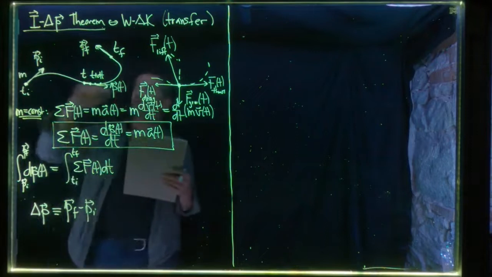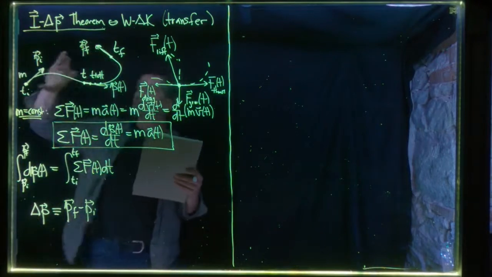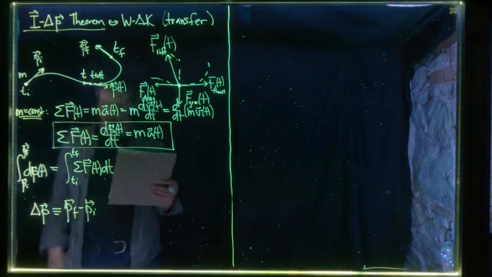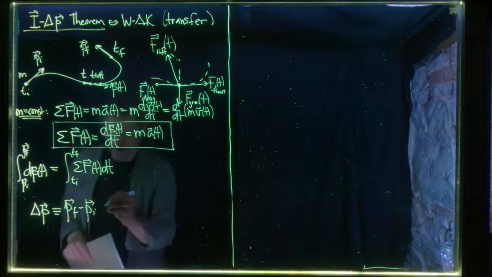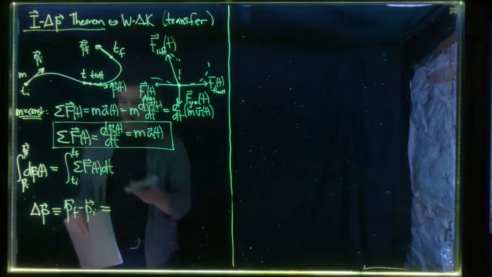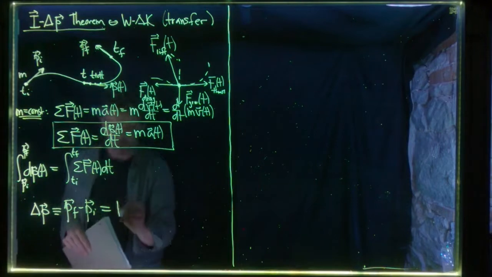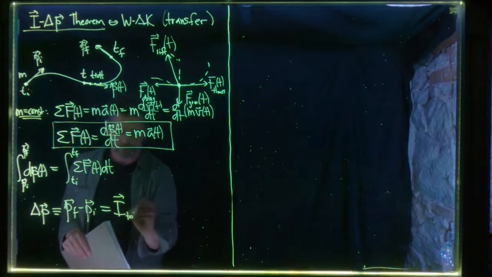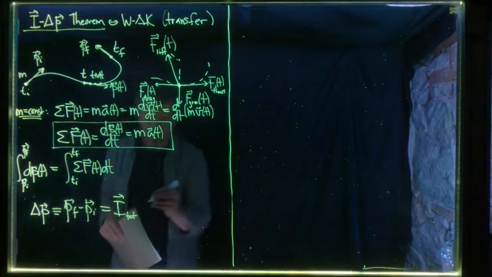So the finite change in momentum, final vector minus initial vector, as opposed to just infinitesimal changes. And that is equal to this integral on the right-hand side, which we call I total. So that's the total impulse.